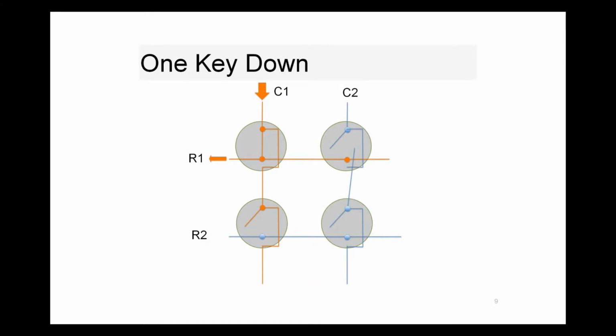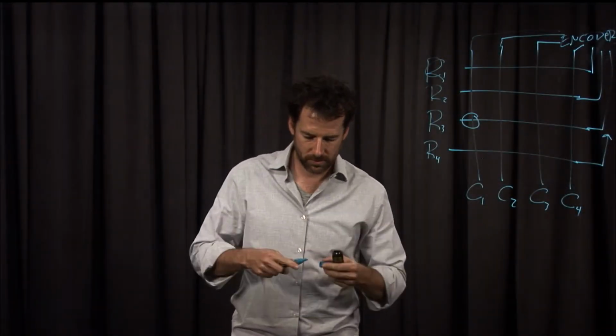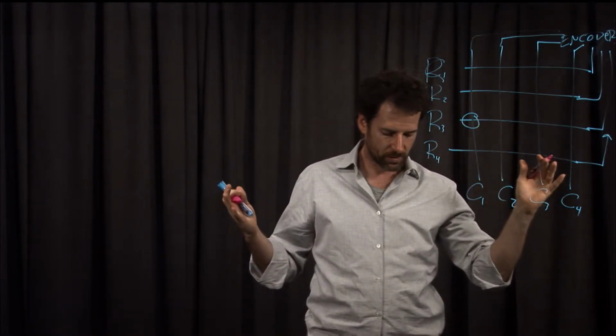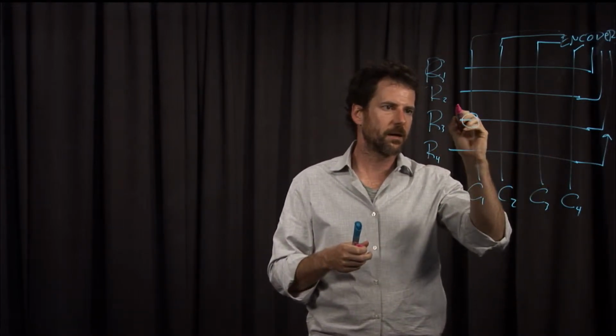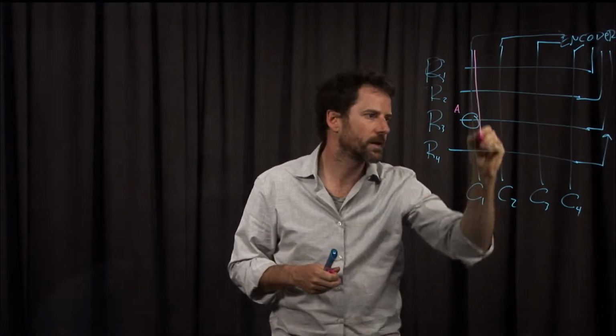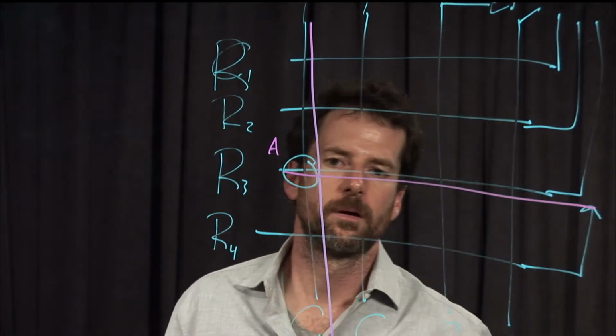When we press down, that will complete a circuit for a particular column and for a particular row. So if I press down this key here, which might be A, both this column is going to light up and this row is going to light up.